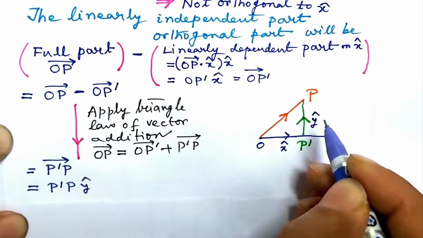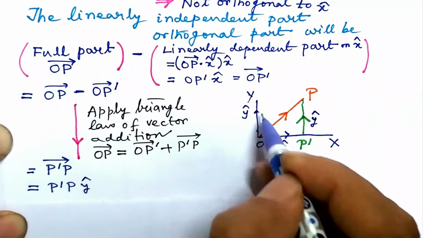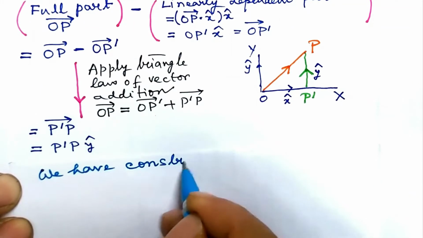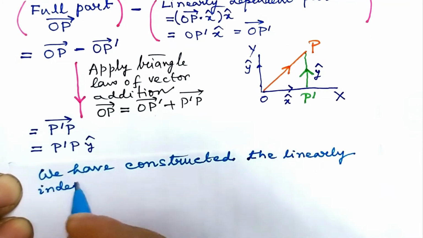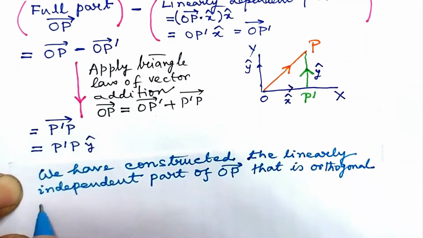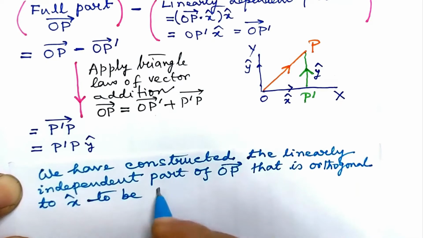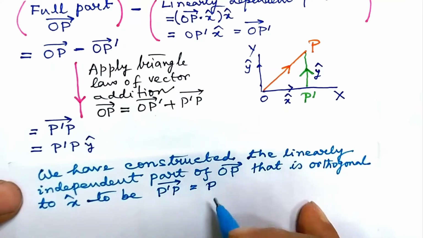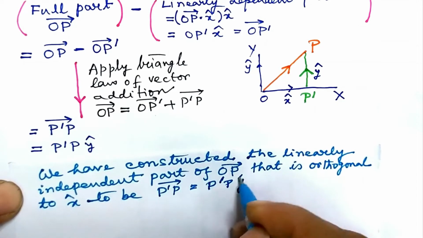This is y hat since this is the y axis. We have constructed the linearly independent part of vector OP that is orthogonal to x hat, and it is vector P prime P equal to P prime P into y hat.